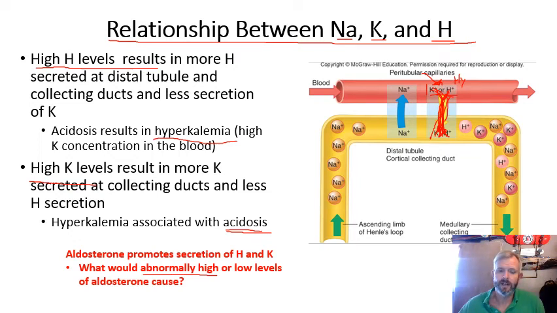And then what if I had an autoimmune disease that killed off my cells that secreted aldosterone? I'd have low levels of aldosterone. Now what would happen? Normally I have a fairly normal range of the secretion. Now I have very low levels. I'm not causing any of this, and so this will be retained and this will be retained in the blood, and now I'm going to have hyperkalemia, and what's going to happen to my pH?